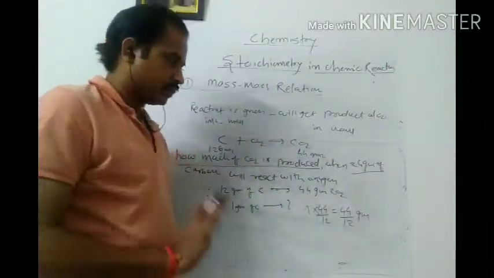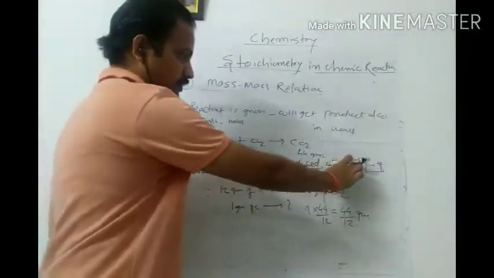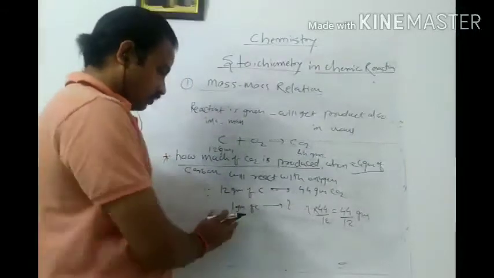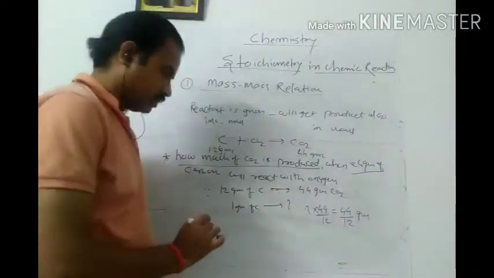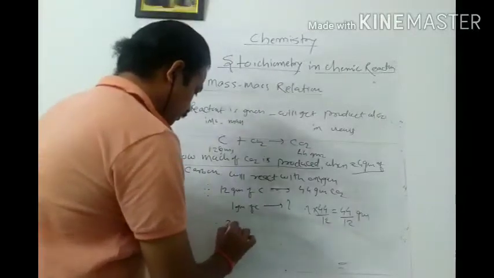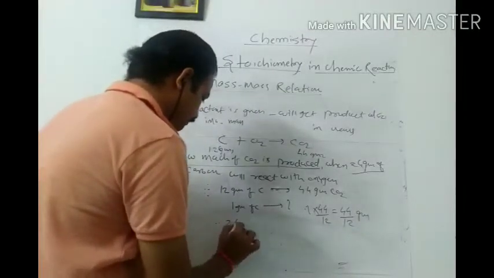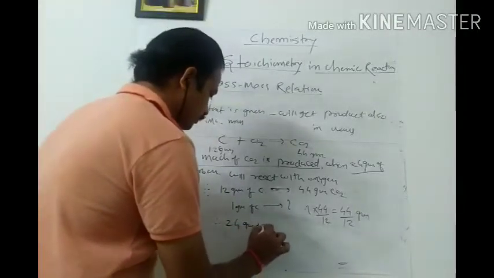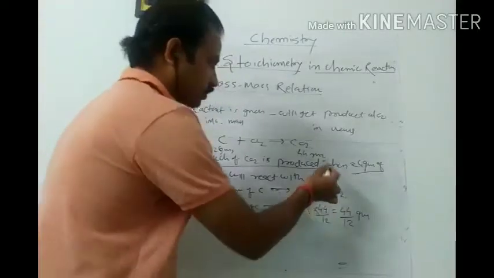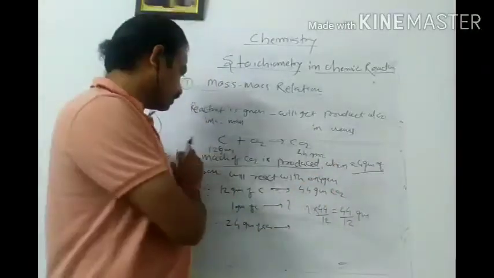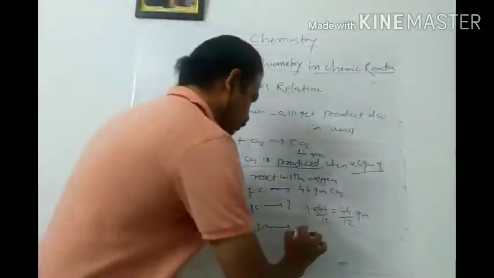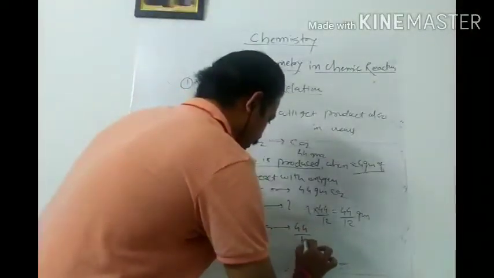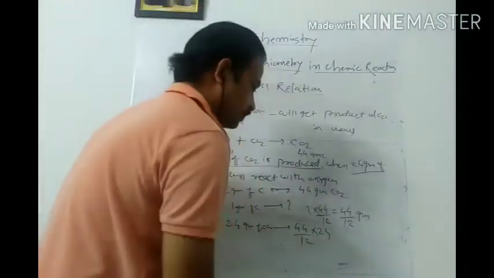Now here the mass of carbon is 24 gram. For 1 gram, this much CO2 is produced. Therefore for 24 gram of carbon, how much CO2 is produced? That is what we have to calculate as per this question. So for 24 gram it is 44 divided by 12 into 24, isn't it?